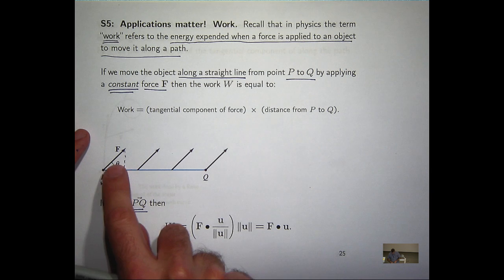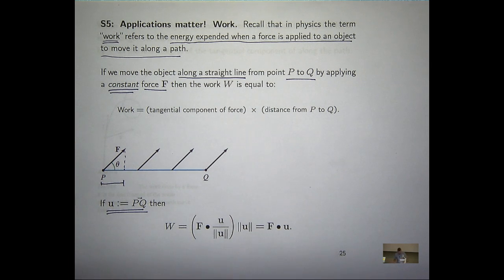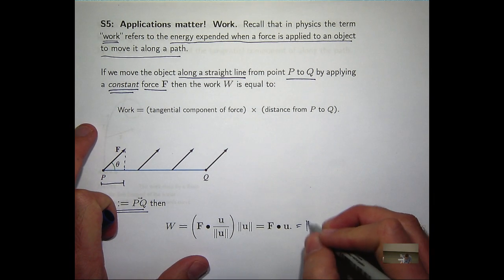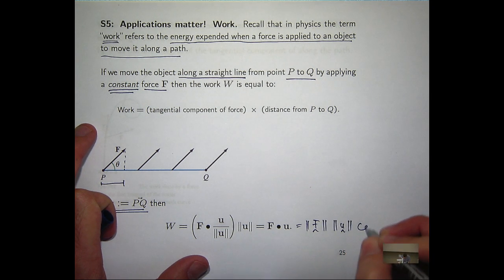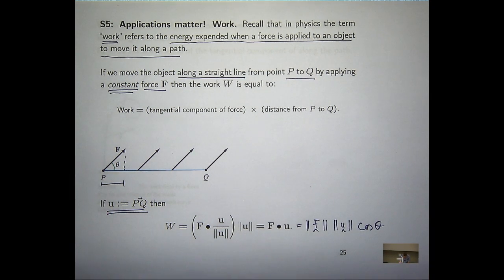Okay, so with the angle here, we know we can write dot products in terms of magnitudes and angles, of course. So that's the most basic way of calculating work through movement over a straight line, where the applied force is constant.